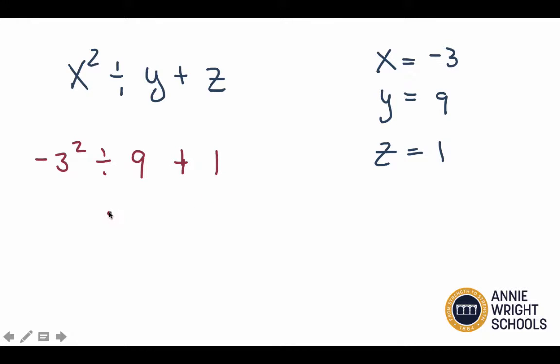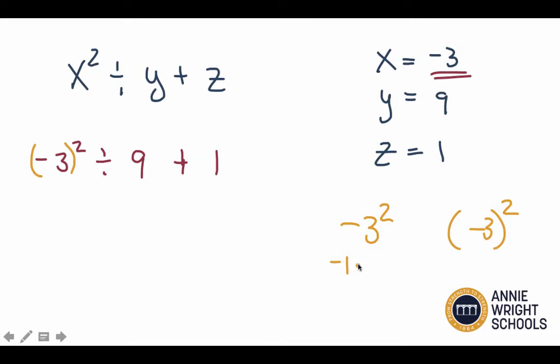And the mistake here is that when we need to square x and x is -3, if we don't put parentheses around that x value, we may get the wrong result, because -3 squared and (-3) in parentheses squared say different things.